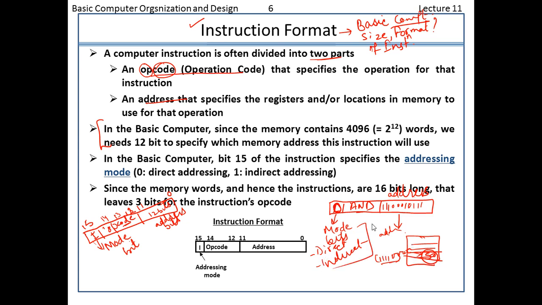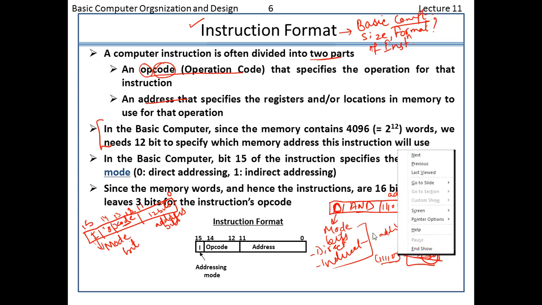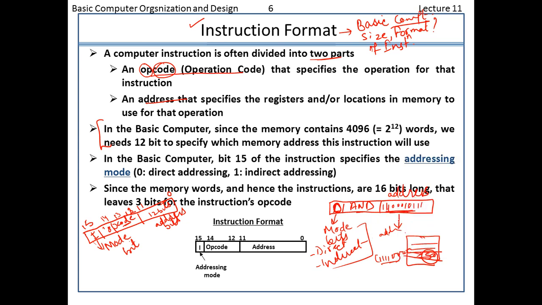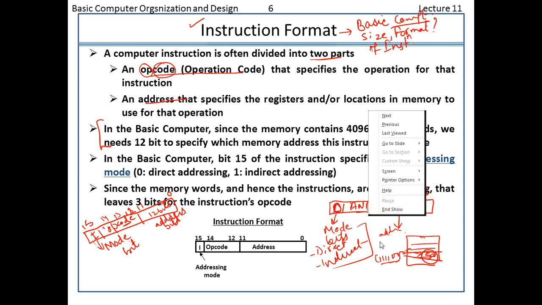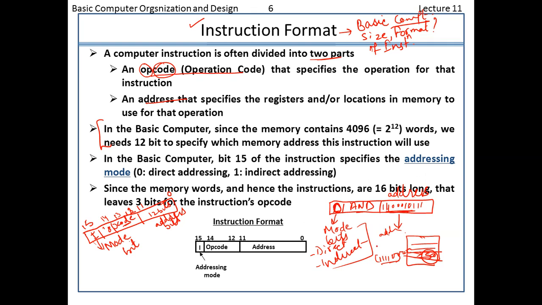For the time being, what you need to do is configure this address of the instruction, take the data, place it into the data register, and then AND it with some other data which is available in the memory or in any other part of the machine. Just do the AND of these two variables, and then store the data again. This is how you will process it.